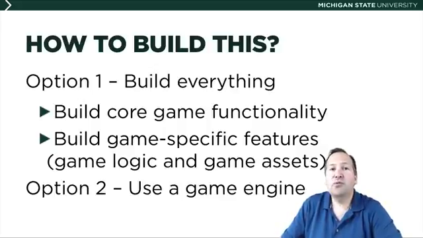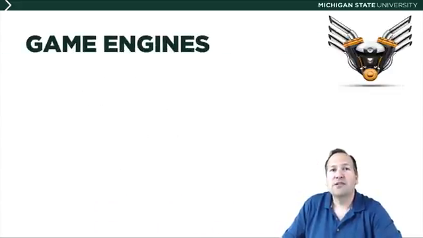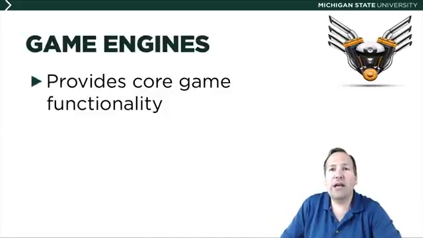The second option, which has become the norm, is to use a game engine. Let's talk a bit about what a game engine is. So game engines really provide that core game functionality that we talked about. So the graphics rendering, the support of different graphics file formats, the playback of audio, reading player input, all those types of things that you use in most games would typically be built into the game engine.